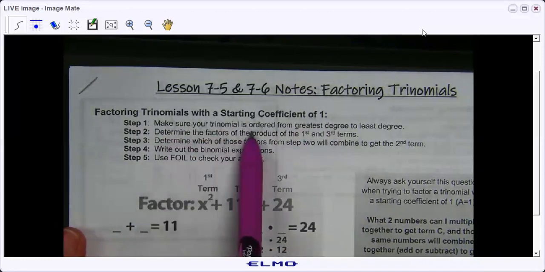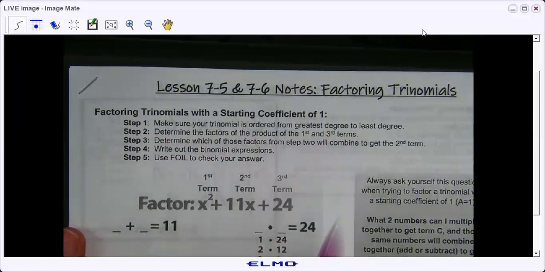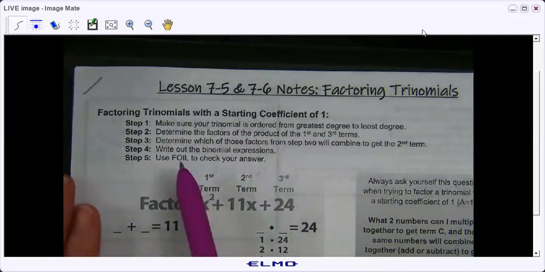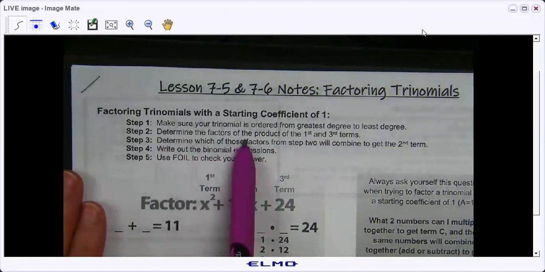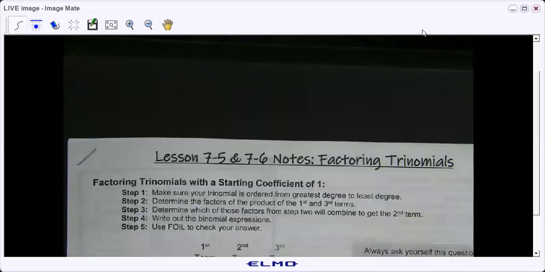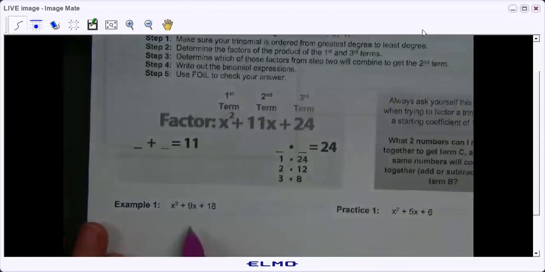Make sure your trinomial is ordered from greatest degree to least degree, and I will say on our notes that has been done for you already. Number 2, determine the factors of the product of the first and the third term. Okay, so in this case, our first and third term here is going to be 18.